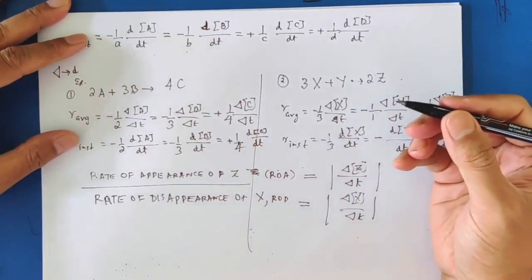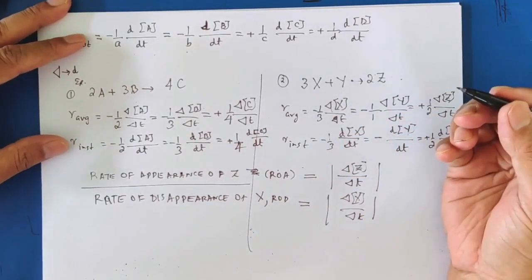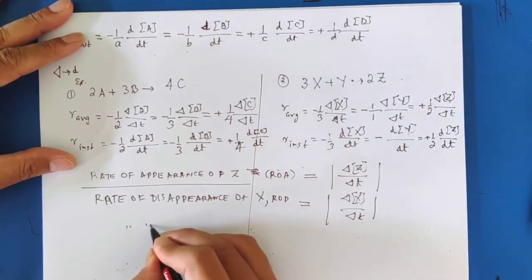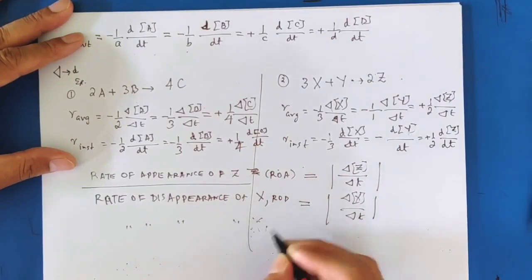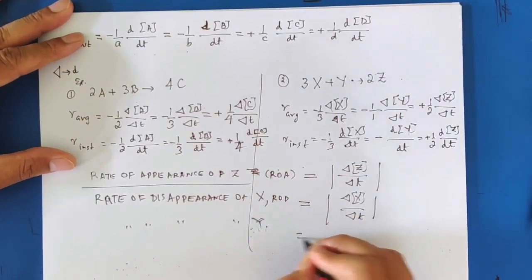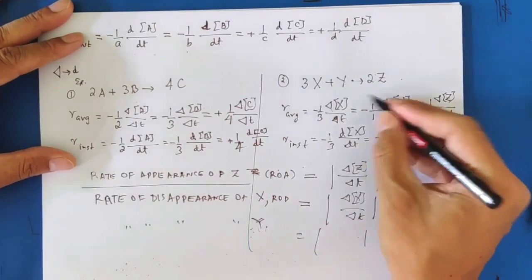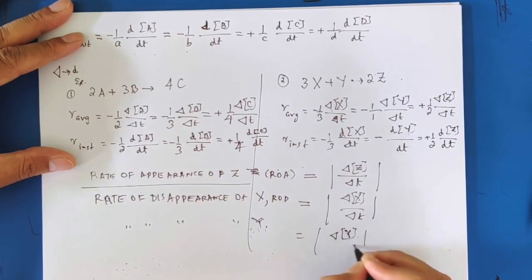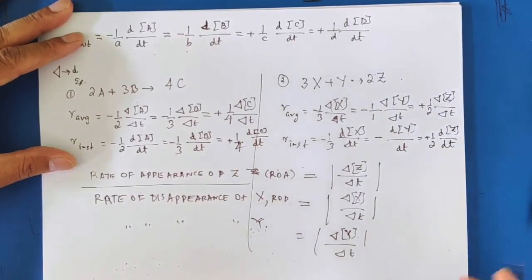This is the rate of disappearance. In the same way, the rate of disappearance of Y will be the modulus of del Y divided by del t, with no coefficient below.